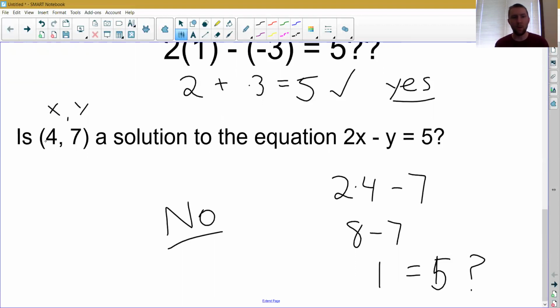Because when we plug the value 4 into the x and 7 into the y, and do the math of the equation, it does not equal 5. One thing I want to point out that a few of us had trouble with previously when evaluating algebraic expressions: please remember that when you see something like 2x, this means 2 times the x value.